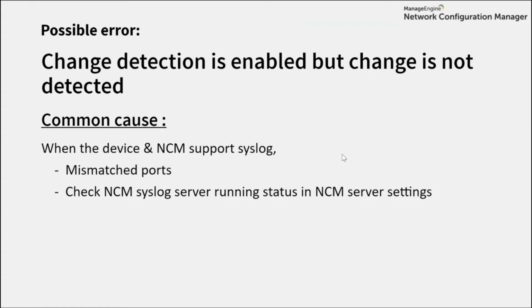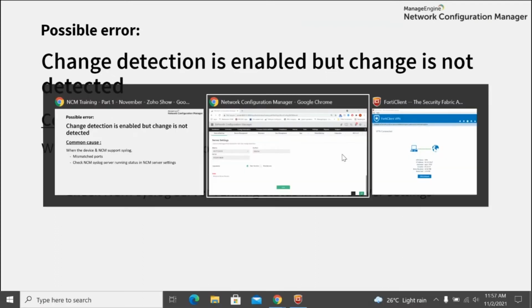Another error could be that change detection is enabled, but the change is not detected. This could be due to mismatched ports, or you can check the NCM syslog server running status in the NCM server settings. Like I showed you before, you can just go to server settings and check the running status. If it's not in running status, you can just click on start service and click on save.